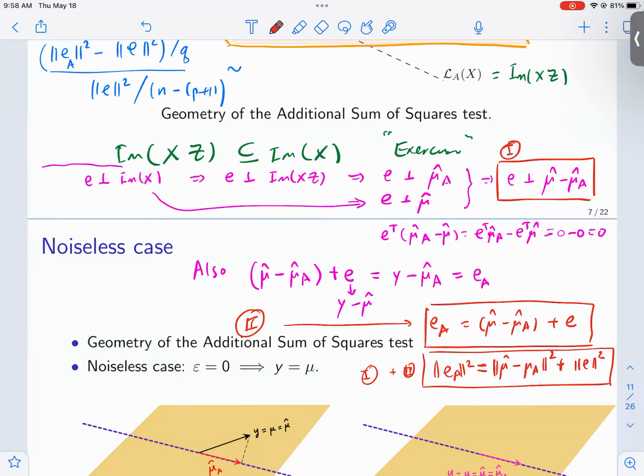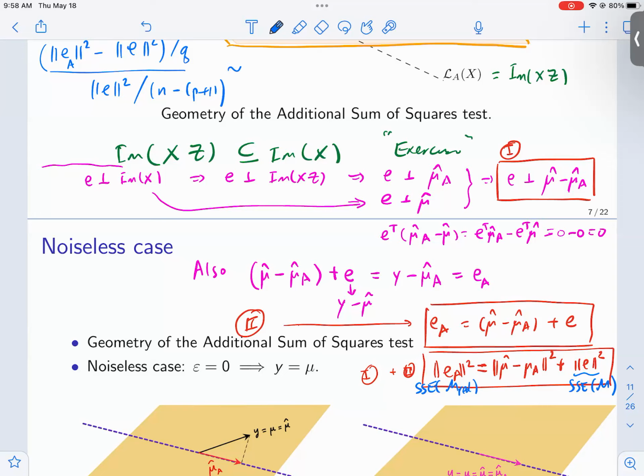So this side is the SSE of M reduced. This is the SSE of M full. This is the reduced model. This is the SSE of the full model, and this part is positive, not negative, squared.